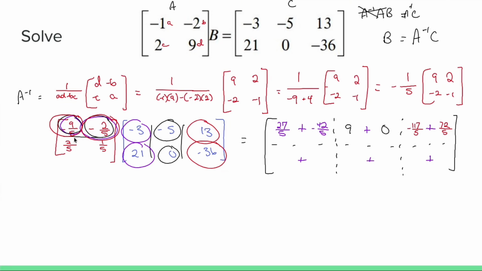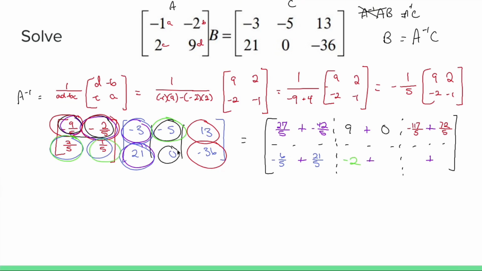Let's get to row 2. 2/5 times negative 3 is going to be negative 6/5. 1/5 times 21 is going to be 21 over 5. All right. 2/5 times negative 5 is going to be negative 2.